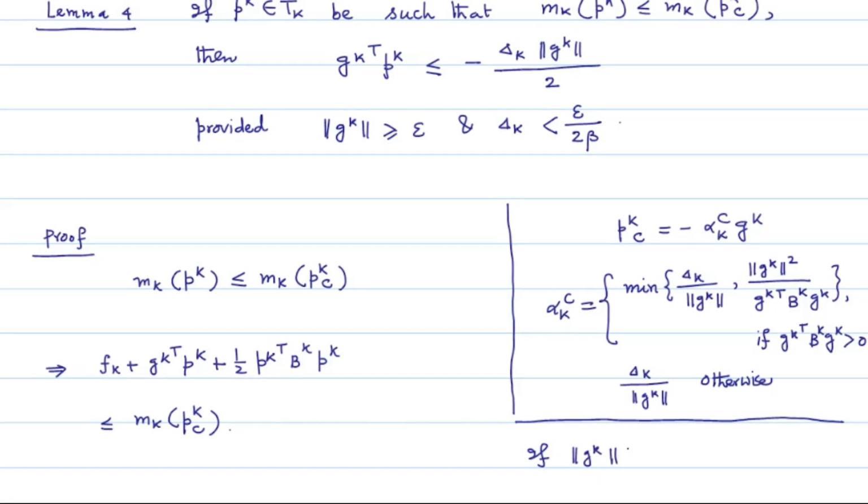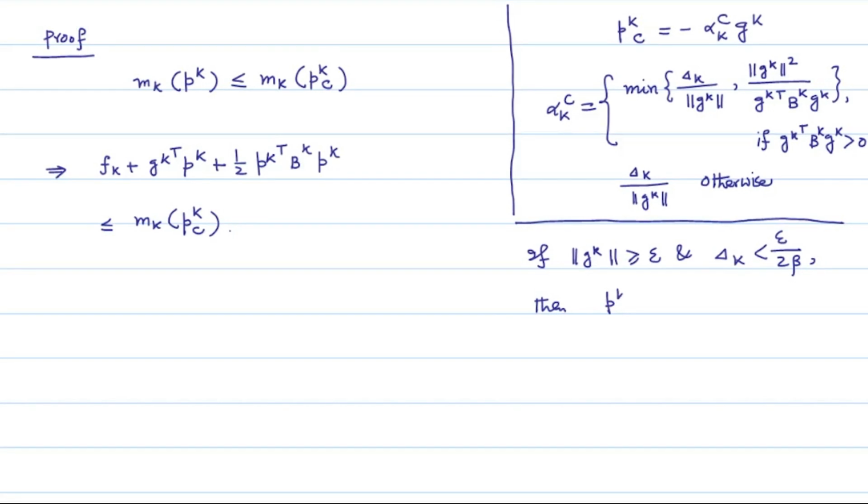We see that when norm g_k is greater than or equal to epsilon and delta_k is less than epsilon by 2 beta, the Cauchy step p_k^C is given by this. This is due to a very trivial fact that if you have g_k^T B_k g_k less than or equal to 0, then you have delta_k by norm g_k, and obviously p_k^C is given by this quantity.